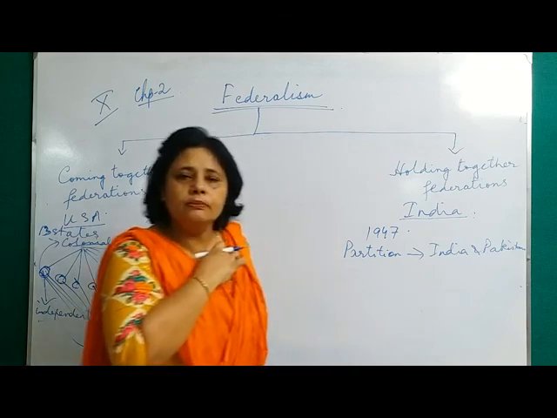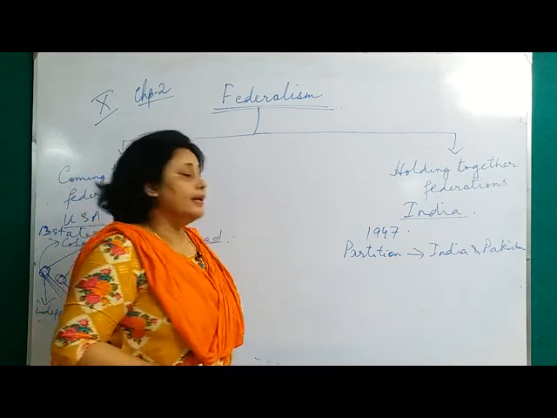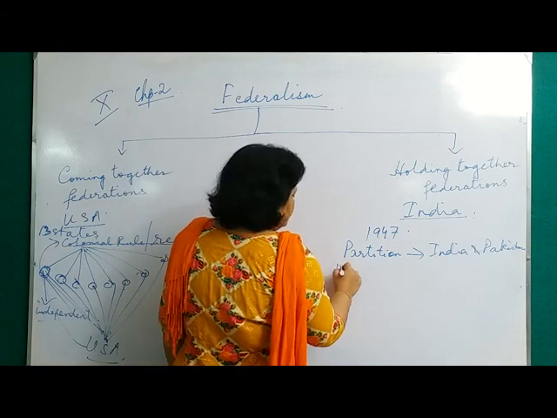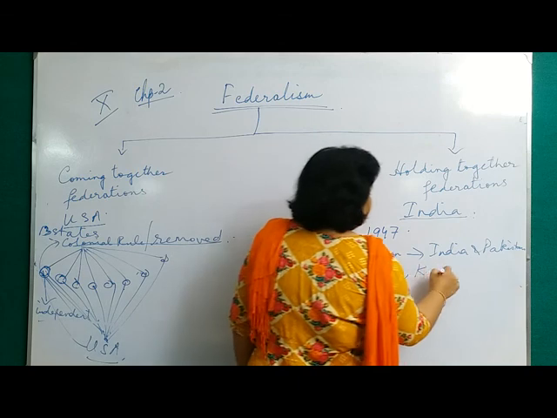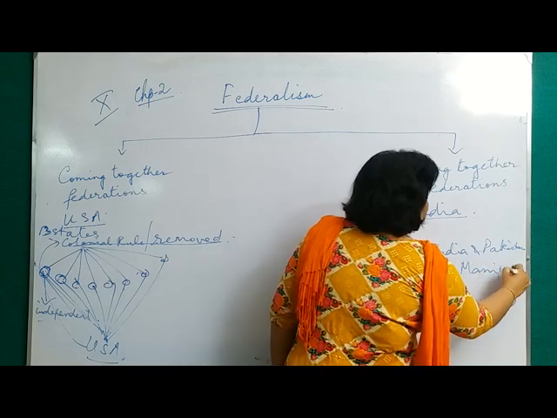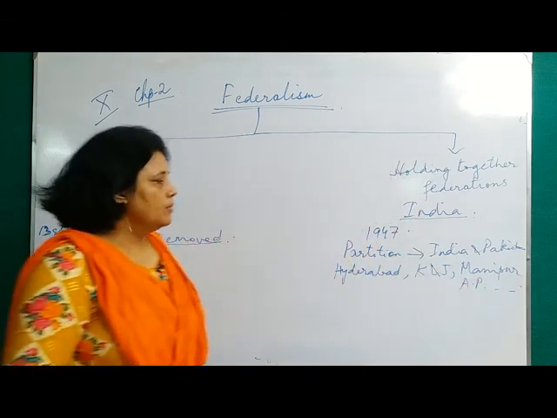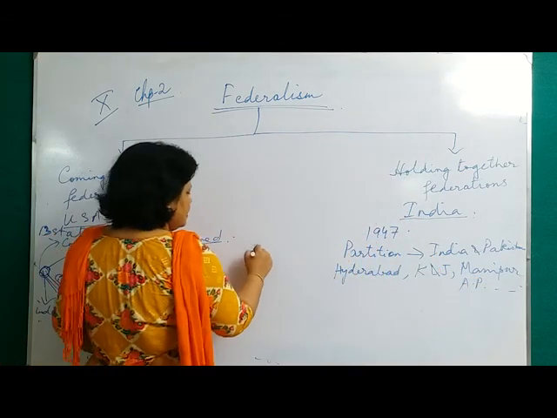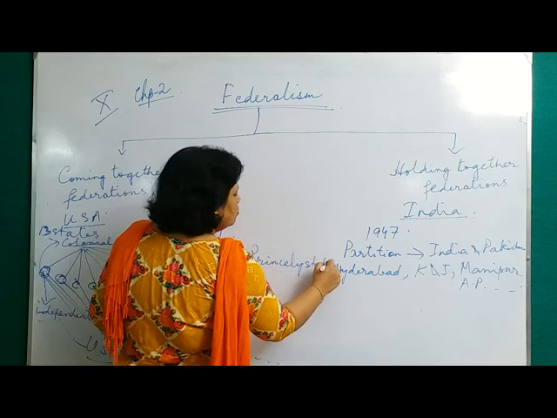This was one problem. Not only that, several states were there in India, like for example the state of Hyderabad, Jammu and Kashmir, Manipur, Andhra Pradesh, many other states in this way, Punjab. They were all princely states. Princely states means they were ruled by rulers.